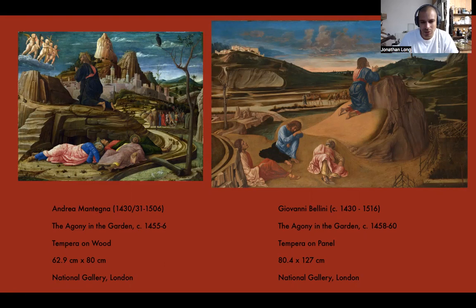Both of them are tempera on panel, and as you can see in the measurements there, the Bellini is significantly longer and a little bit taller. So Bellini's panel is larger. It's both taller and longer than Mantegna's Agony in the Garden.